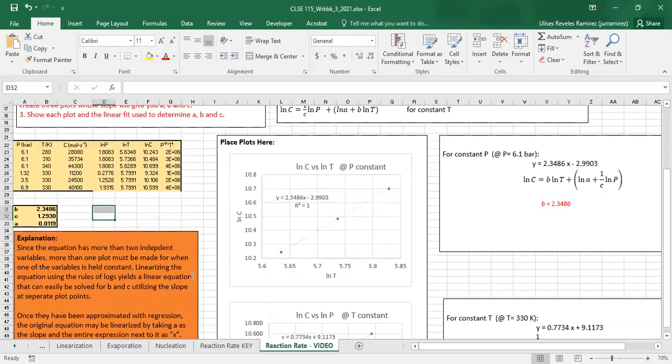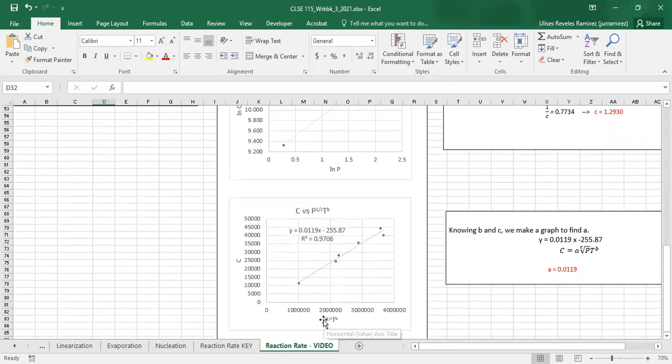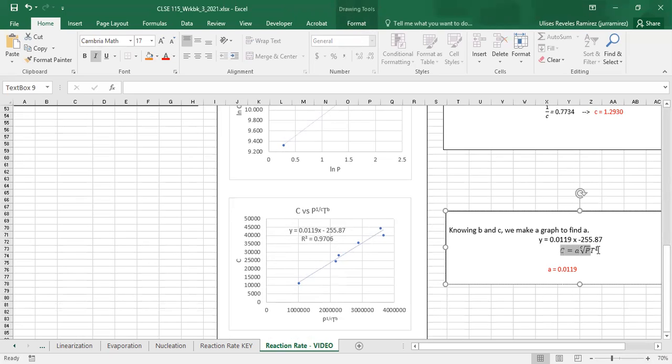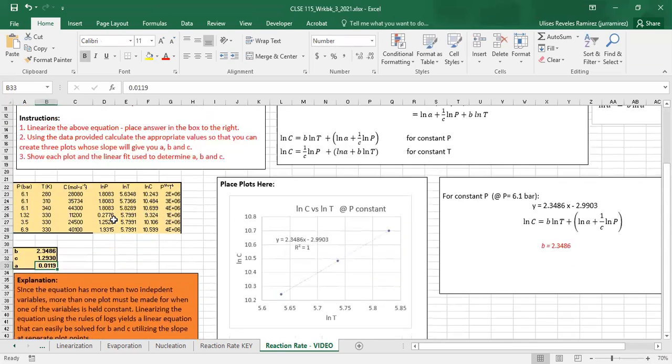Now we make our last graph: reaction rate versus this expression. Make the graph in Excel, and the equation coming from Excel is this one. The slope is what we are looking for. The slope A is 0.0119. And we write here, these are the answers.